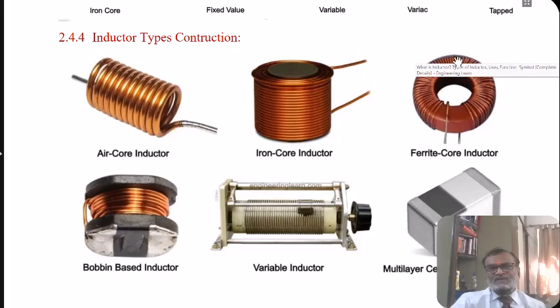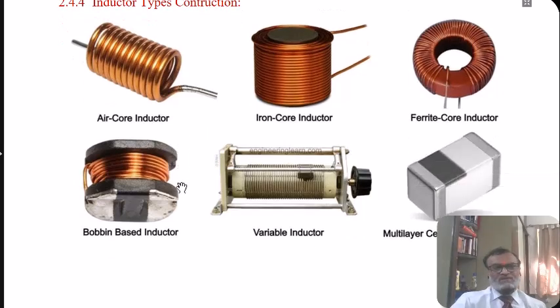Here in the third figure, the ferrite core in the form of a toroid is shown, and on this toroid, the insulating wire is wound and two ends are taken out. Similarly, the variable inductor is like a rheostat again, but here the property used is inductance.